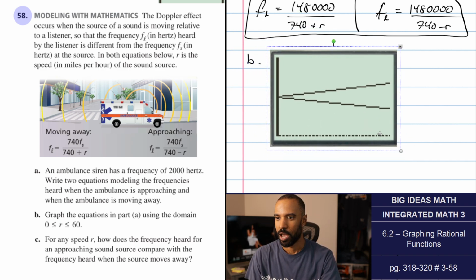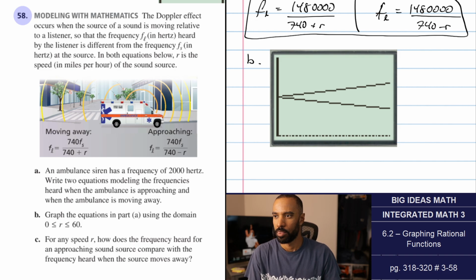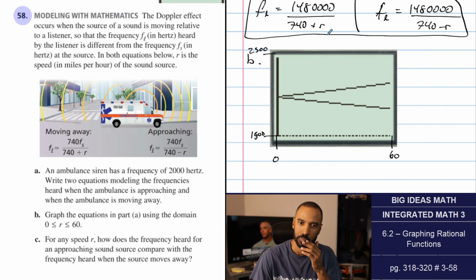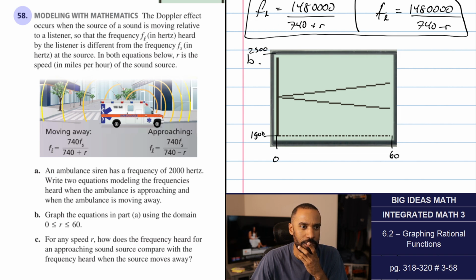Sorry. So part B, this is 0 to 60. That's speed, by the way. This is 1,500 hertz to 2,500 hertz. Now, I don't know which one's which. One of them is plus R. I'm going to redo the graph and make one bold.